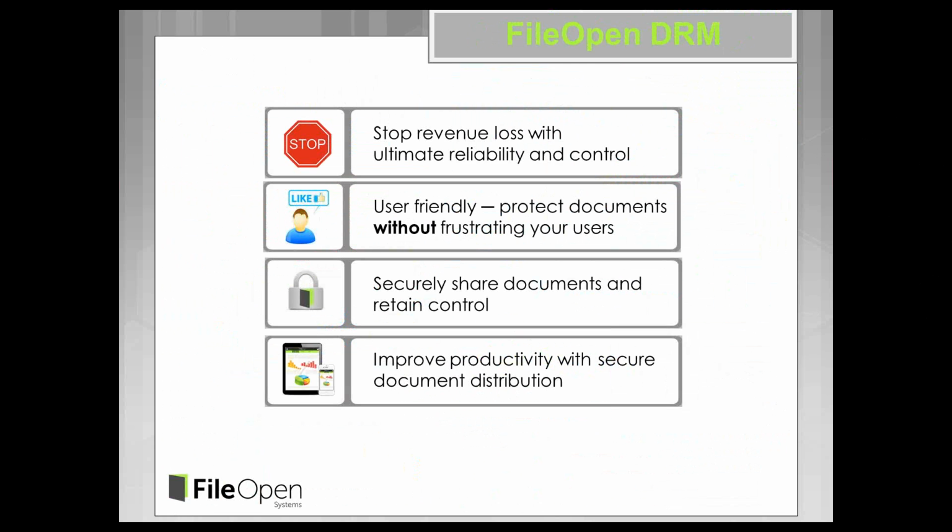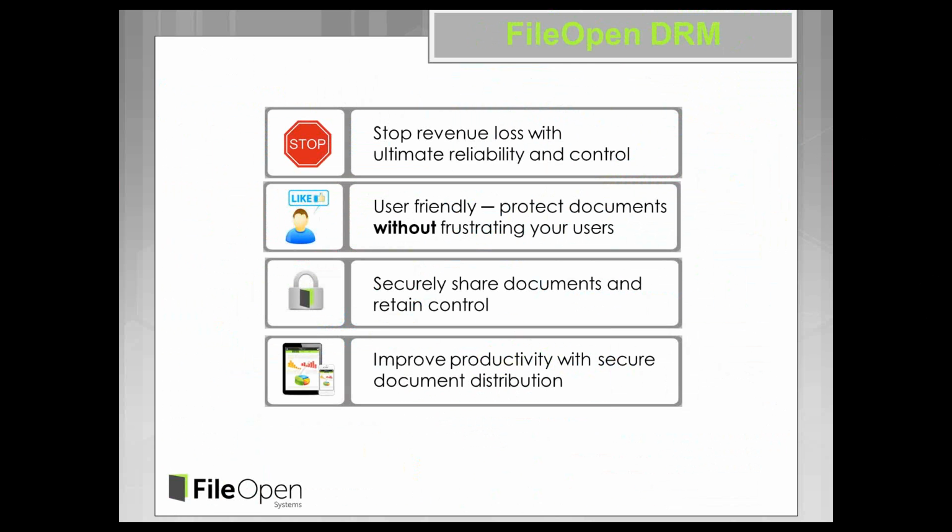So the number one functionality that we provide is complete security over the content of your document and the distribution of those documents. But we have to combine that and we have to marry that up with a user-friendly environment. There's no point having documents that are so secure and so locked down that the users simply cannot access them because it's too arduous a process.